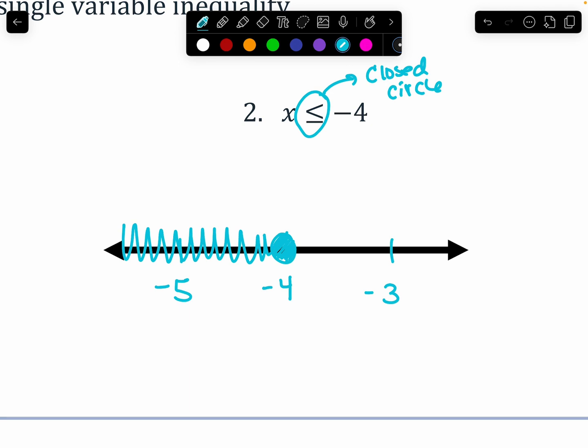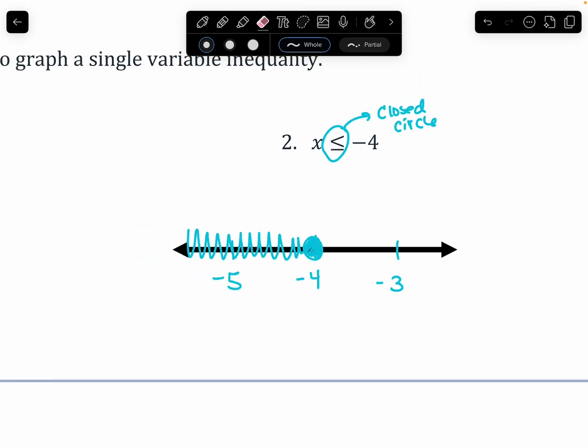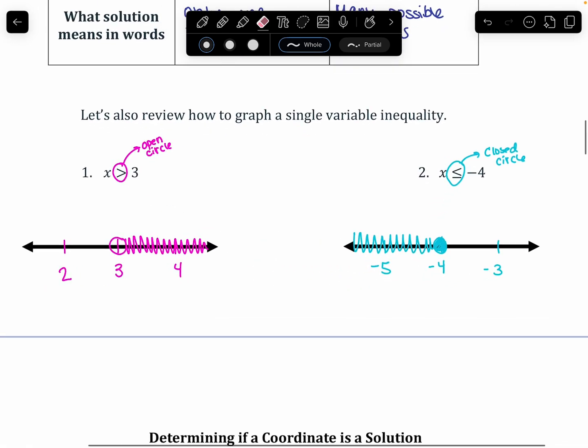Notice that I shaded the side of the number line that has -5. As I continue on, remember that I'm going to have -6, -10, so on and so forth. And every number that is to the left of -4 is a solution. If I were to plug that in to x, all of those numbers should be less than or equal to -4. So the shading helps us represent all possible solutions to those single variable inequalities.